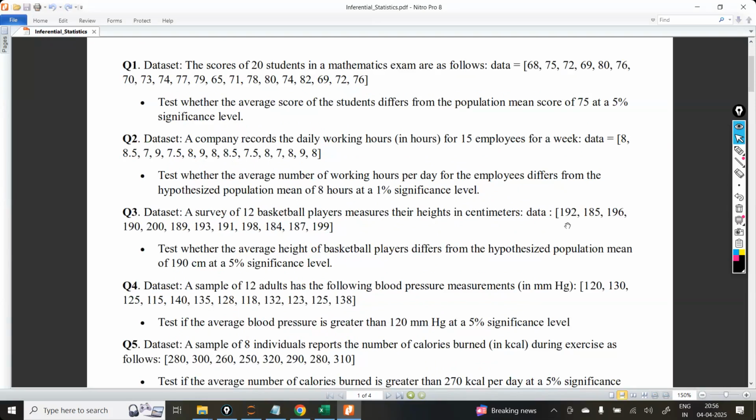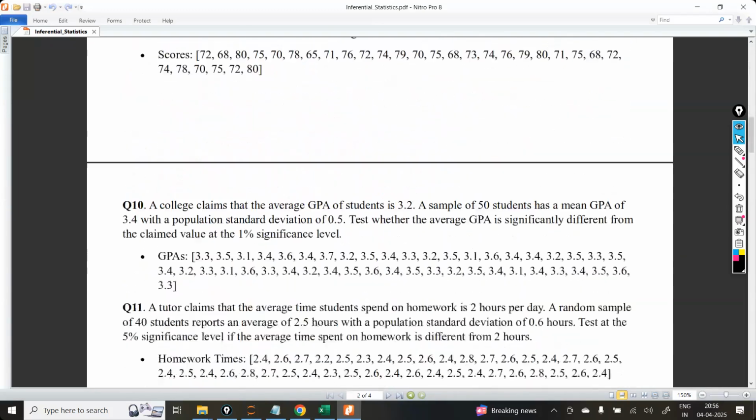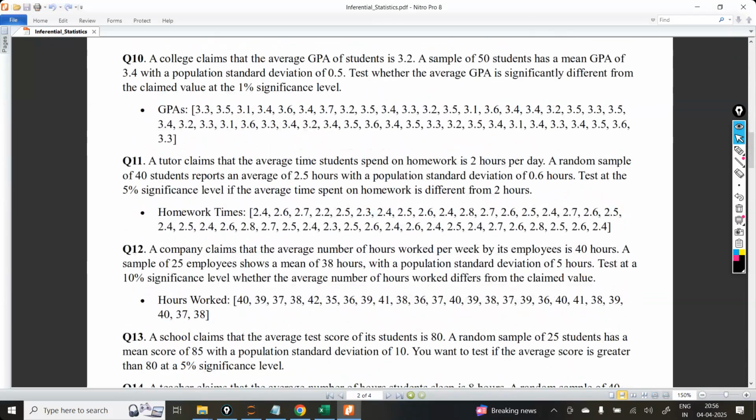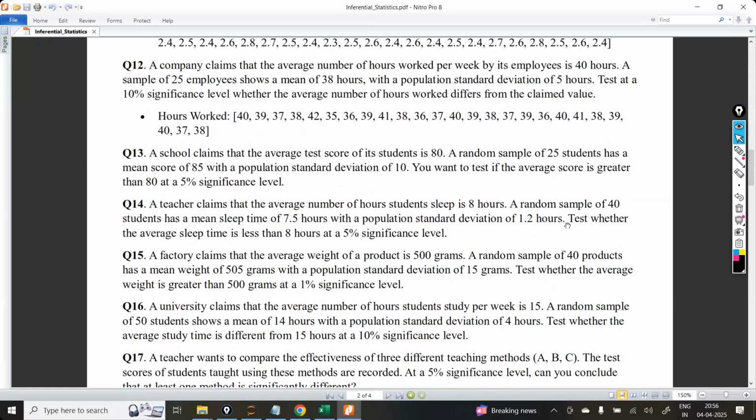All these are manual only. None of them is Python, and wherever Python code is required, I will share the data set also. In the bracket, it will be clearly mentioned: please use this data set. Then you have to use that data set.